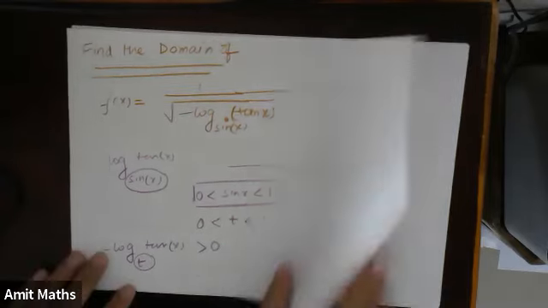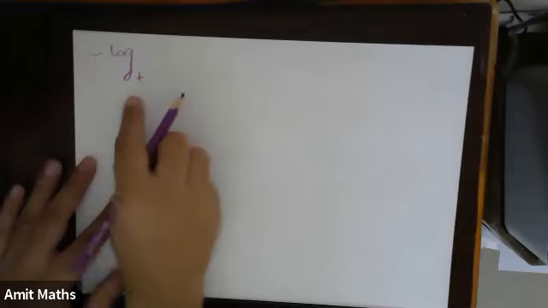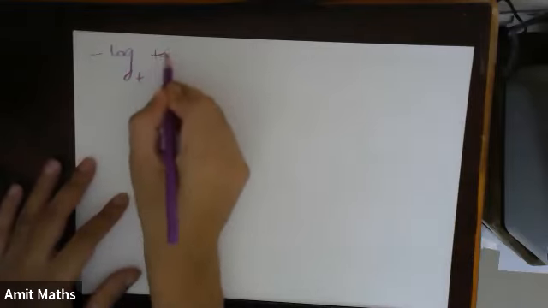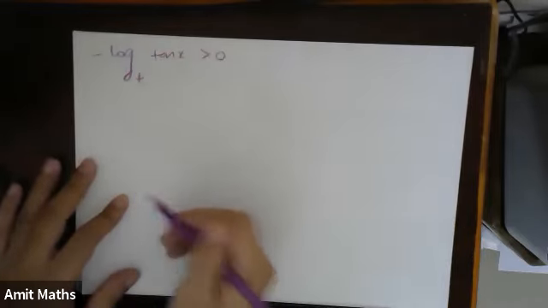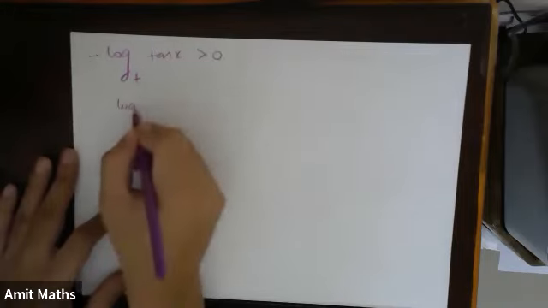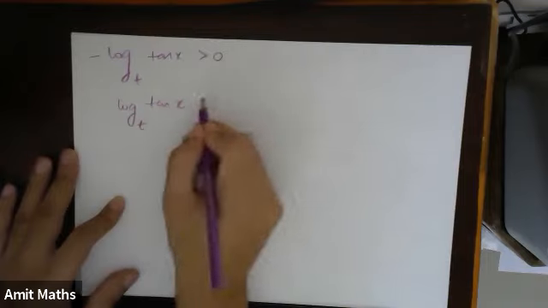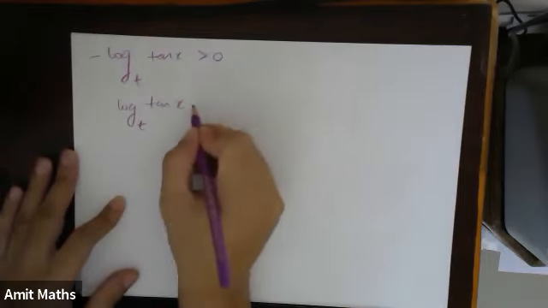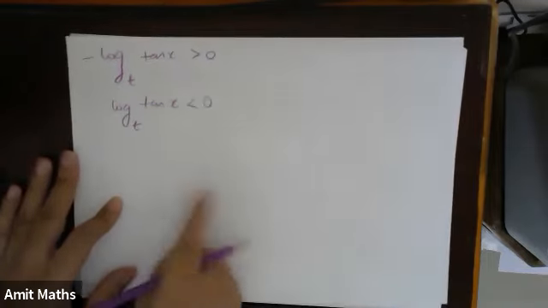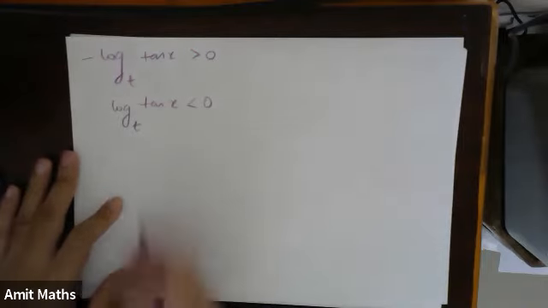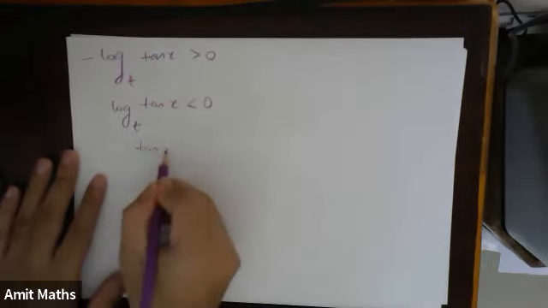Fine. Let's write this once again. That means minus of log base t of tan x should be greater than 0. That means log base t of tan x should be less than 0, taking the minus to the other side. Tan x should be less than 0.